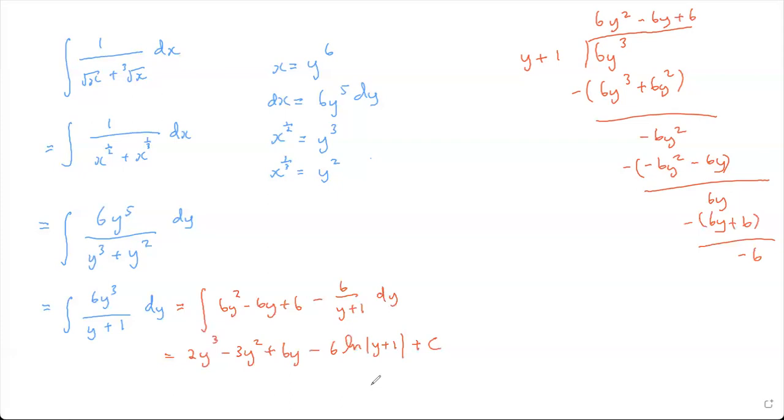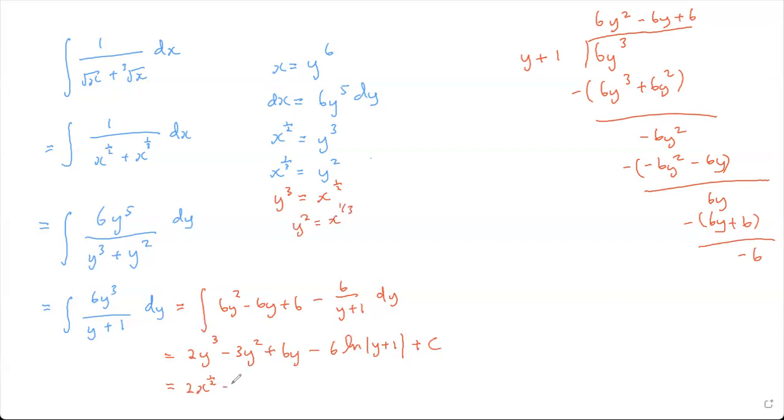We're not going to leave our answer like this because I need to replace the y with the original variable, which is x. What is y cubed? We know that y to the power of 6 is x. So in other words, y cubed would be x to the power of half. So this is 2 times x to the power of half. What about y squared? y squared would be x to the power of 1/3.